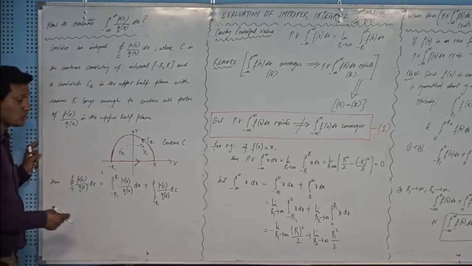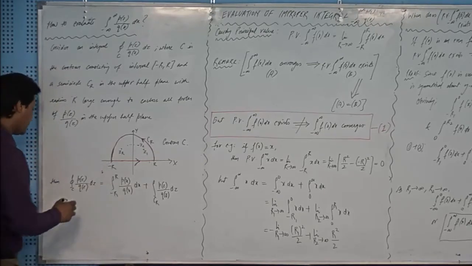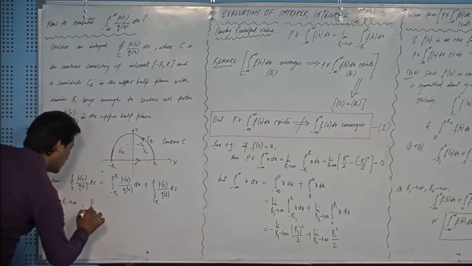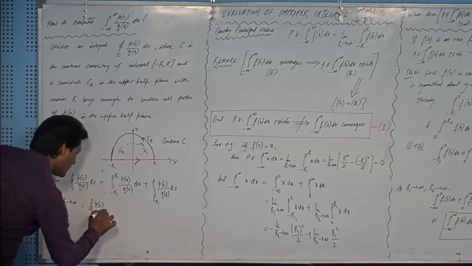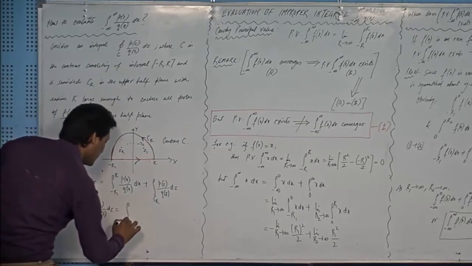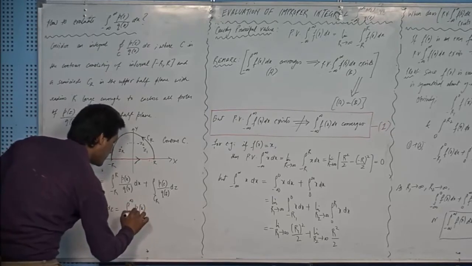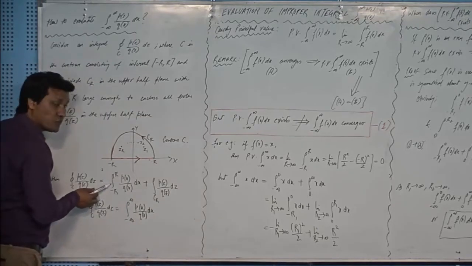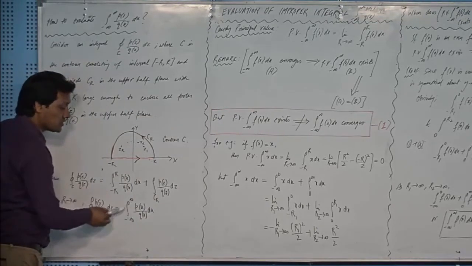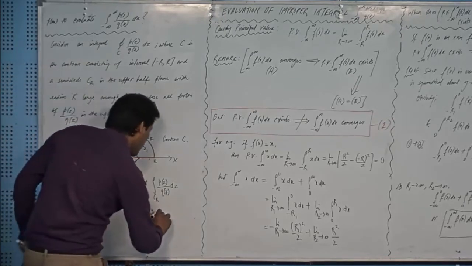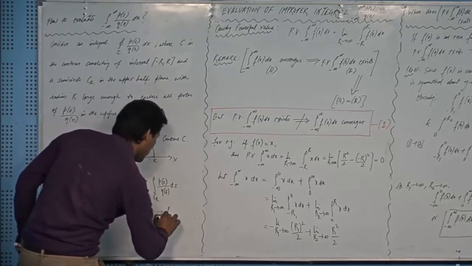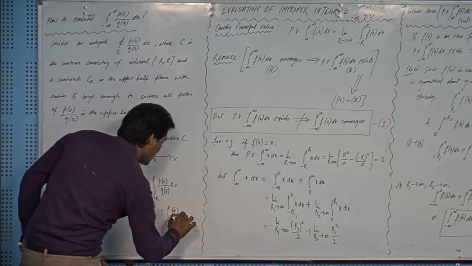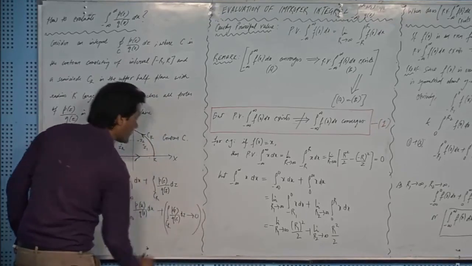We will show in the numericals how it goes to 0, but I will write it here. As R tends to infinity, the left hand side integral is equal to the limit of the integral from minus infinity to infinity of P(x) over Q(x) dx, and when we write the limit R tends to infinity here and then minus infinity to infinity, it means that this is the principal value, plus this integral, C_R of P(z) over Q(z) dz, goes to 0.